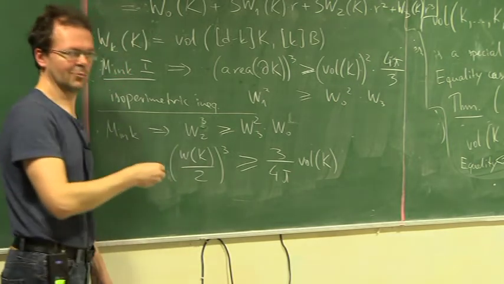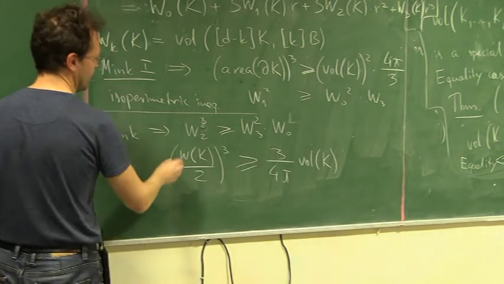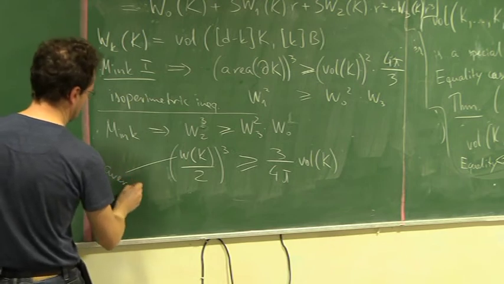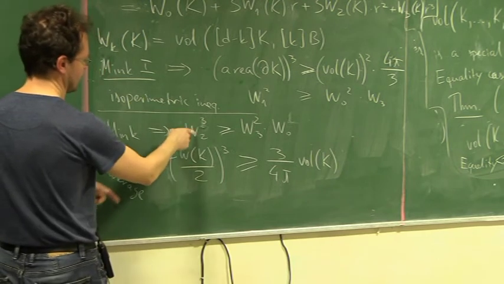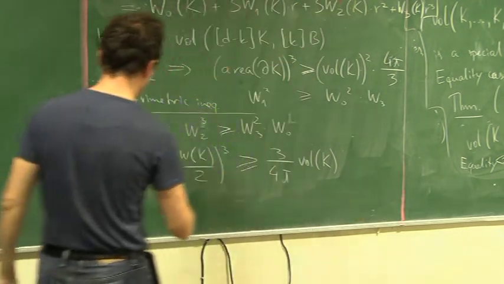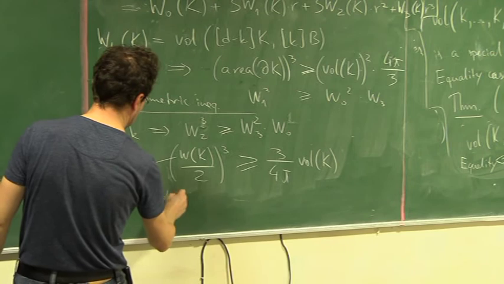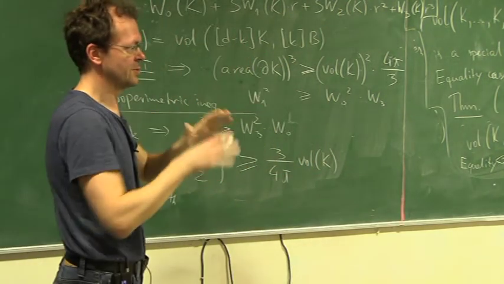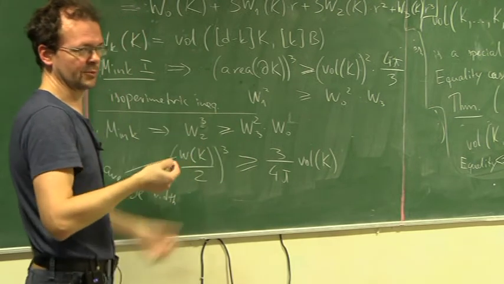W of K is the average width of K. We know that the average width is proportional to W2, so to this S of K coefficient. And you remember, this S of K was the sum of edge lengths times the angles, or the integral of the mean curvature.